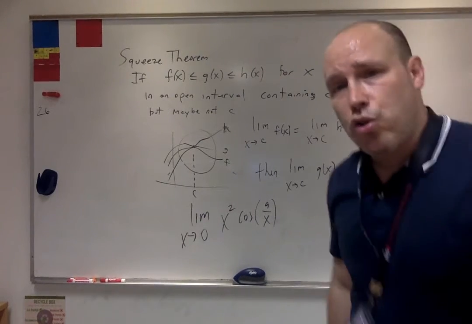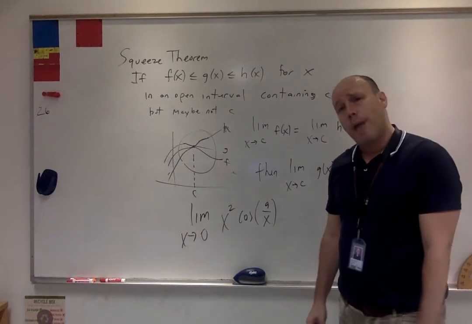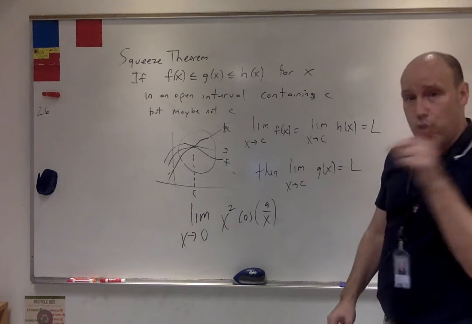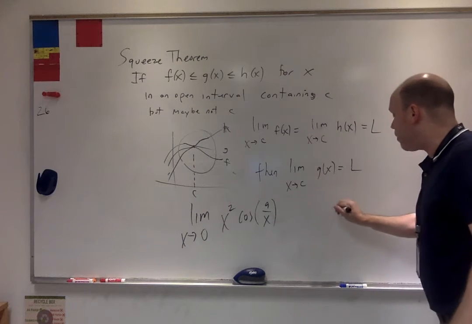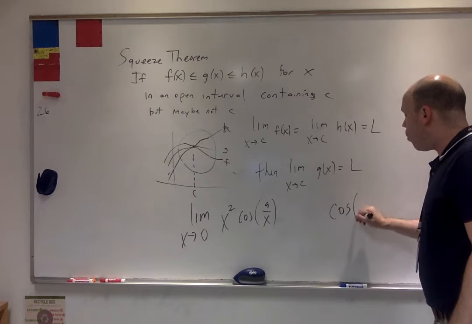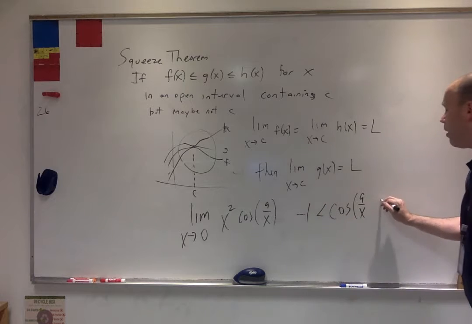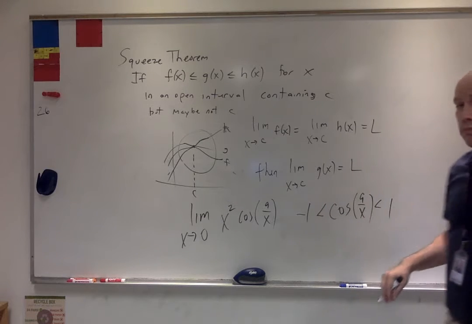Well, you do know a couple of things. Tell me about cosine. Well, you do know that cosine of anything is bounded. We know that cosine of 9 over x is bounded between -1 and +1.